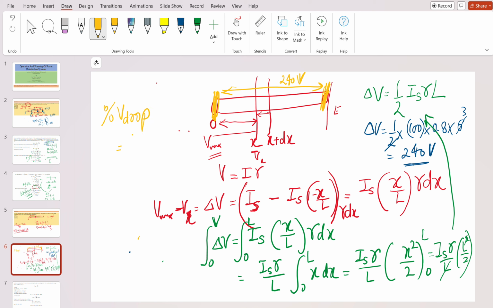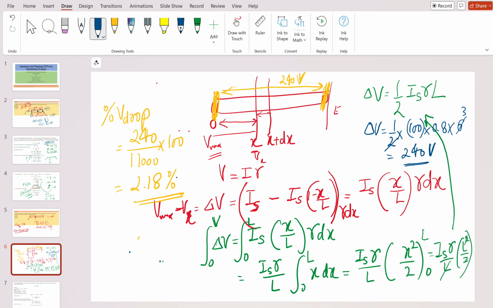The percentage drop will be simply the voltage drop 240 divided by the total voltage, which is basically 11 kV, multiplied by 100. When you solve it, it will come out to be 2.18%. But here there is a twist.